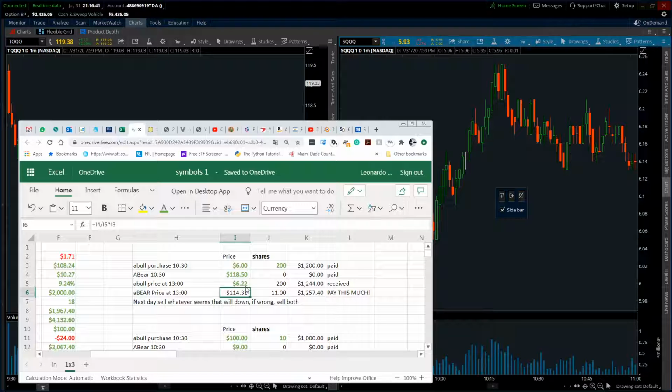See, the higher this number is, the lower I'm gonna be able to buy the other one. And this tells you how many you have to buy. 11 shares. It calculates it, so you don't go crazy. And it rounds off the number. It's probably 10 something, but it rounds it up to 11 just to make sure it's covered.